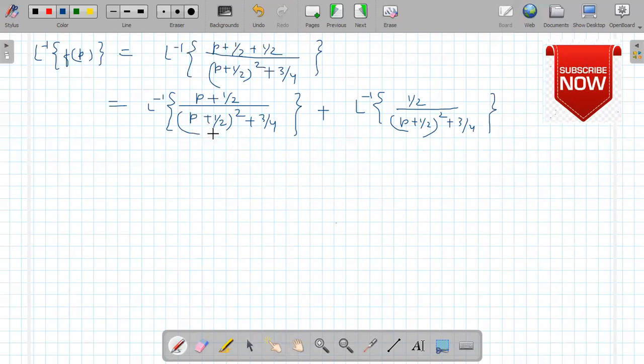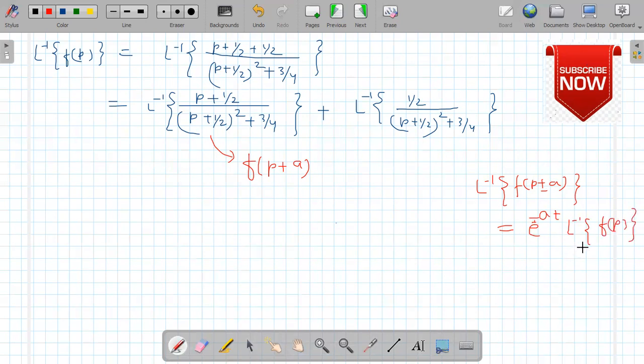Now this is a function of p plus half. According to first shifting property, if we are given a function of p plus a or p minus a, then Laplace inverse of f of p plus a or p minus a is equal to e raised to the power, if we have positive sign here, then we have negative a here, and if we have negative sign, then we have positive sign here, at into Laplace inverse of f(p). Okay, this is the first shifting property.